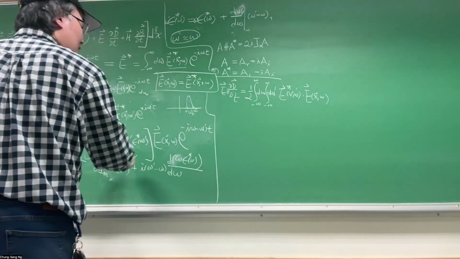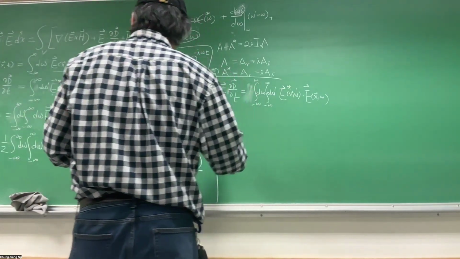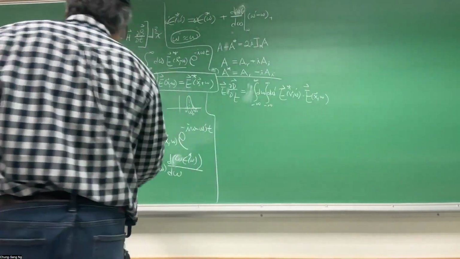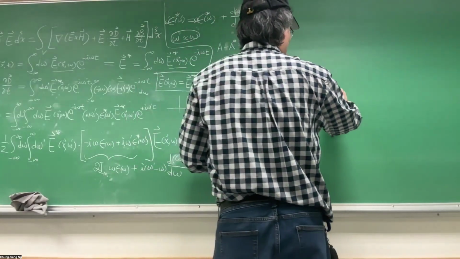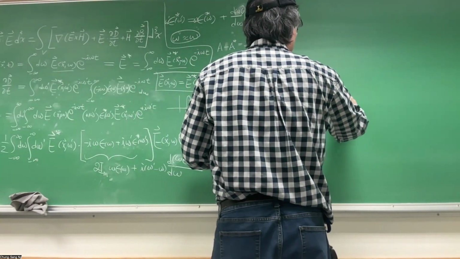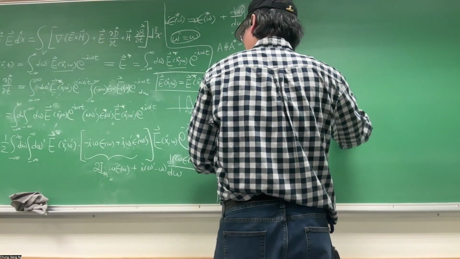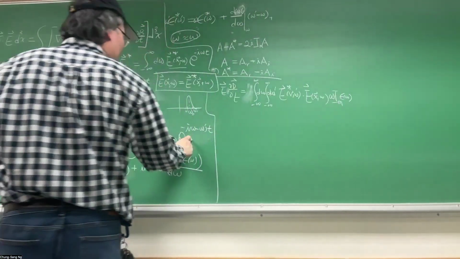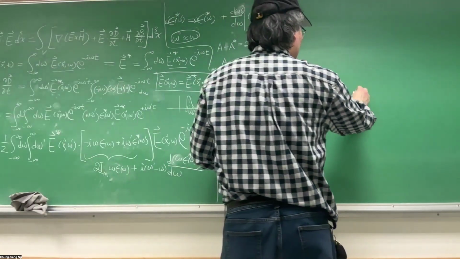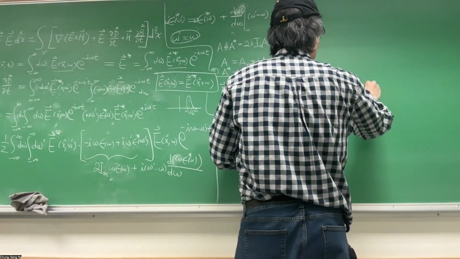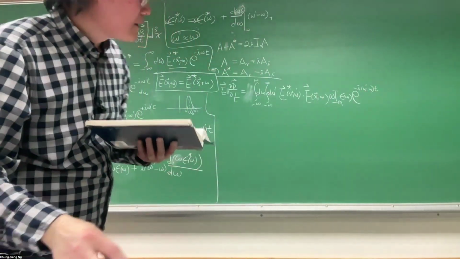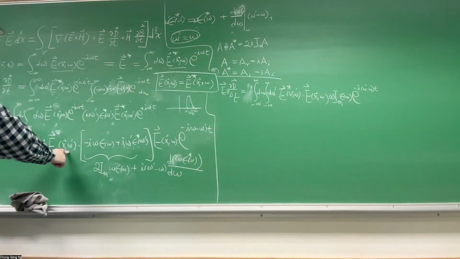And these two cancel with the 1/2. And this omega can be taken out of the imaginary. And finally it would be this space factor. Okay, so that's the first term.